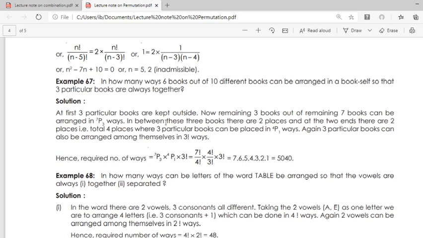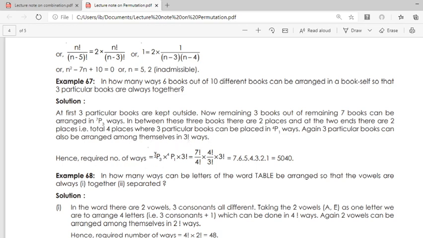So now, in between the 3, there are 2 places and 2 ends. That's 2 places. So now what you are left with is to say that 3 particular books can be arranged among themselves in this way.